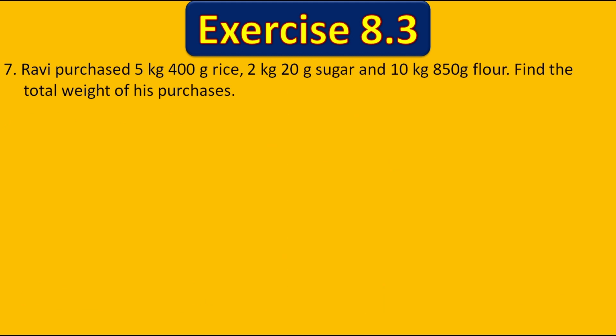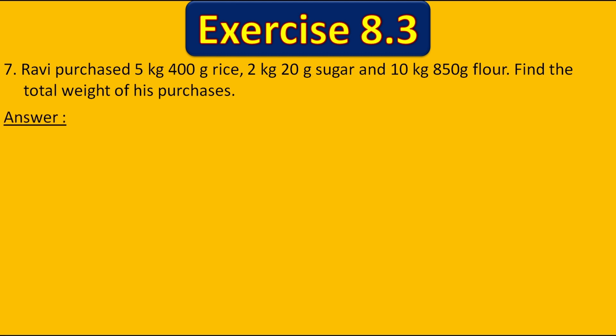Ravi purchased 5 kg 400 gram rice, 2 kg 20 gram sugar, and 10 kg 850 gram flour. Find the total weight of his purchases. Okay, so first we will write the given things.